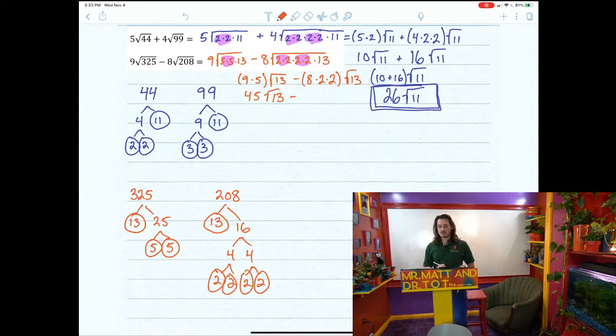So we end up with 45 root 13 minus 32 root 13. Now we have common radicands. Keep the radicand, add or subtract the coefficients. So this is going to be 45 minus 32, which is 13. So this is going to be 13 root 13.